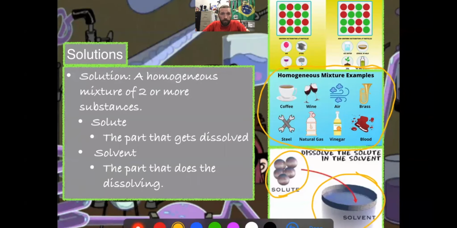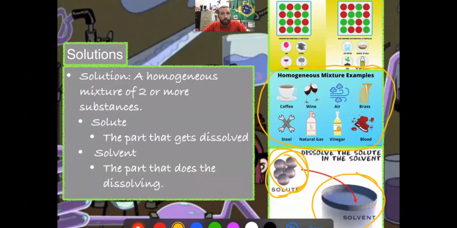So salt would be the solute in salt water, and water would be the solvent. And water is known as the universal solvent because it dissolves most things. So really this is just terminology, but solute, the thing that's being dissolved, solvent, the thing that does the dissolving.